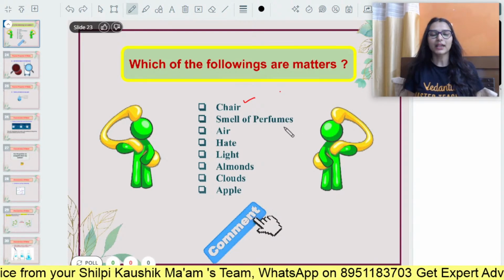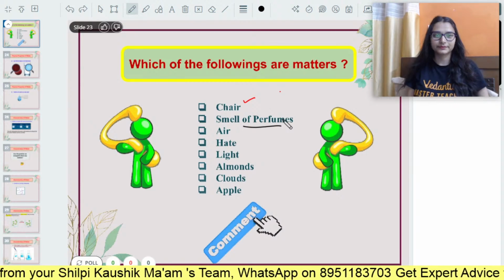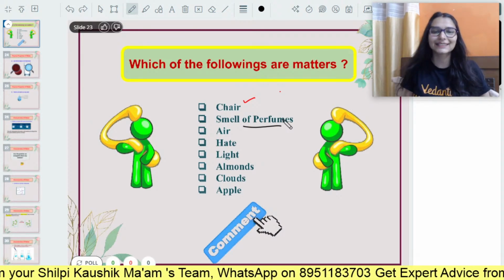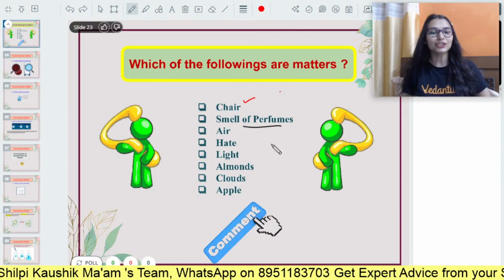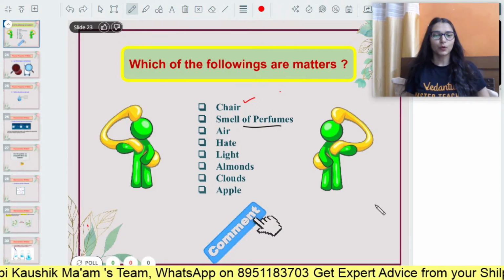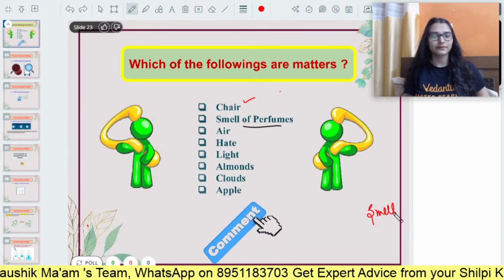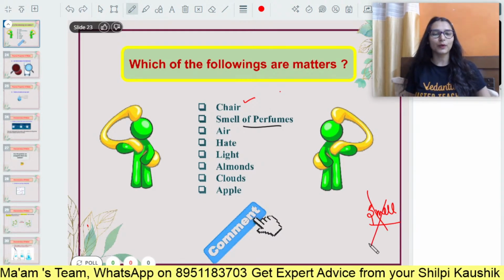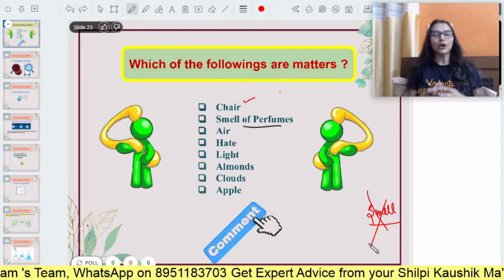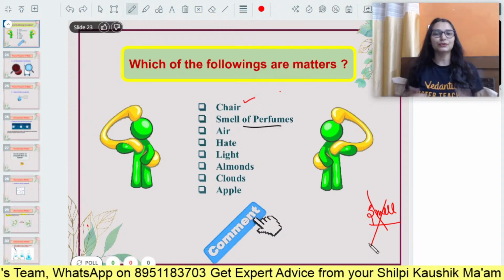Okay. Smell of perfume. Yes, this is also matter. Now why is smell of perfume matter? You need to understand this thing. When I say just smell, smell is not considered as matter, because you're not defining smell of what. Like what thing are you talking about?